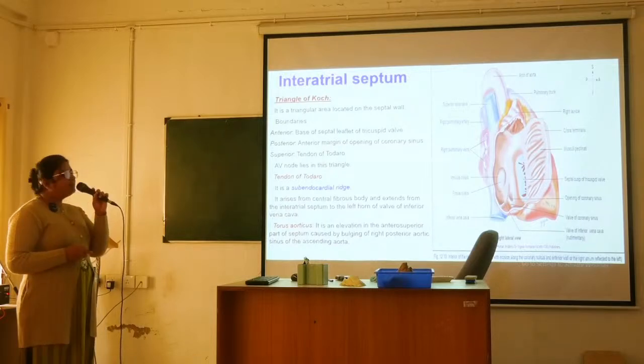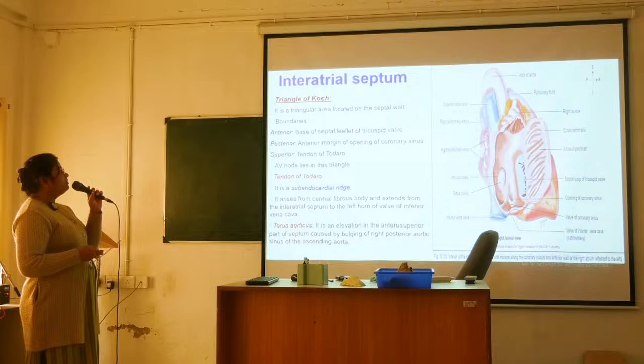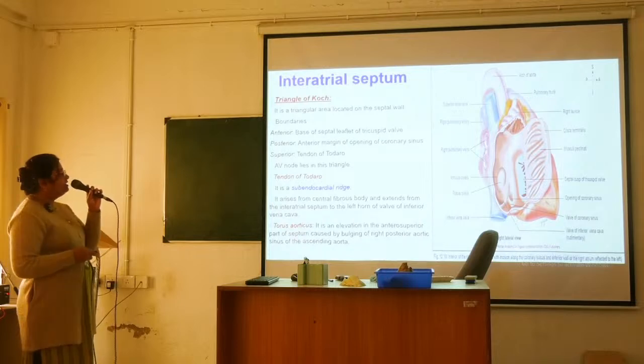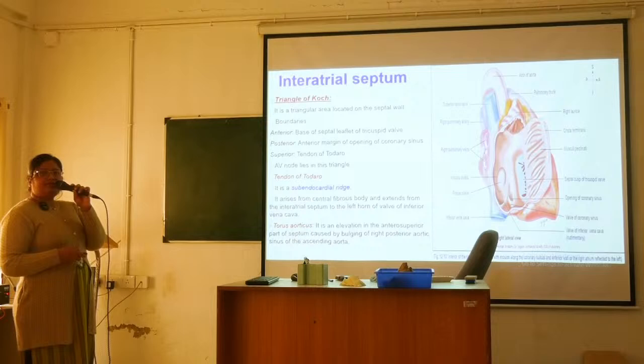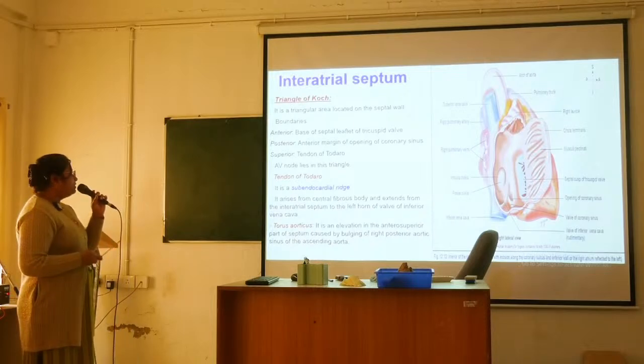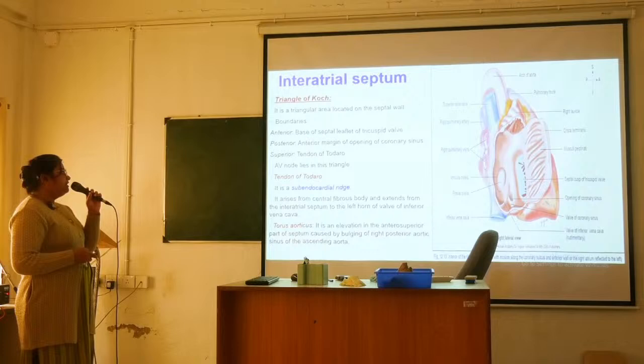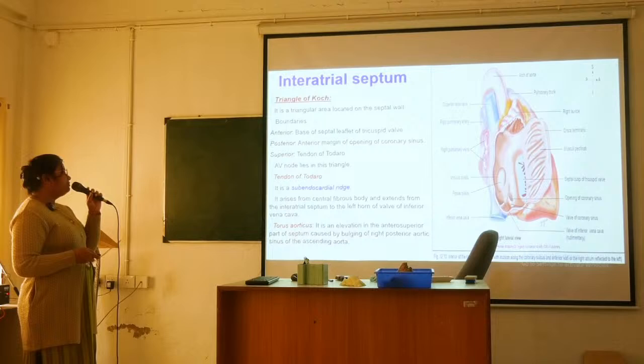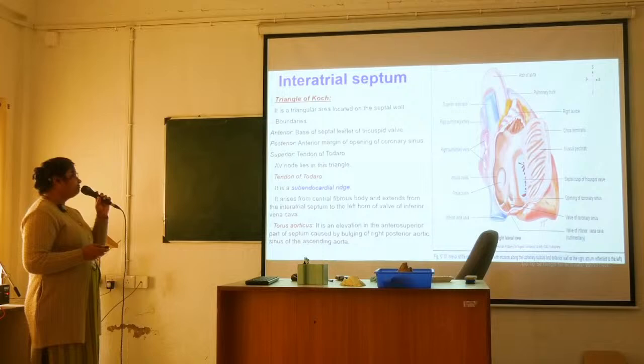It is a subendocardial ridge, arises from the central fibrous body and extends from the interatrial septum to the left horn of the valve of the inferior vena cava. And torus aorticus is an elevation in the anterosuperior part of the septum caused by bulging of the right posterior aortic sinus of the ascending aorta. It lies in this upper part here.